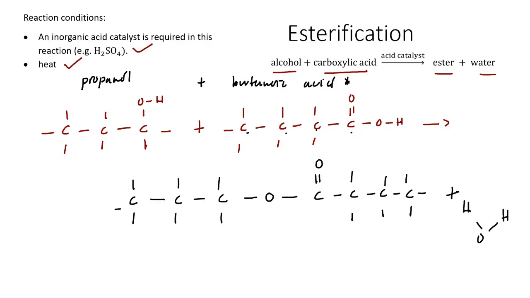This is esterification. How do I draw my ester? First 3 carbons from the alcohol, the bridge. After the bridge, 4 carbons from the carboxylic acid, and then the first carbon after the bridge, double bond oxygen, fill up the rest of your structure with your hydrogens. Water has gone out as well.